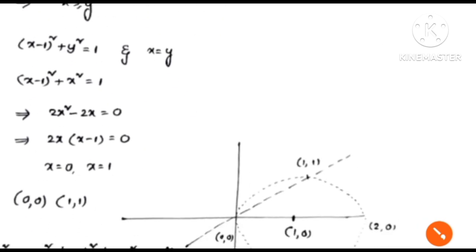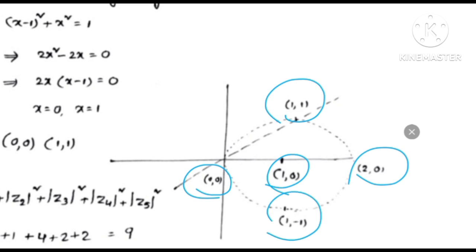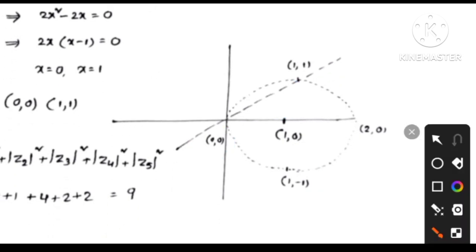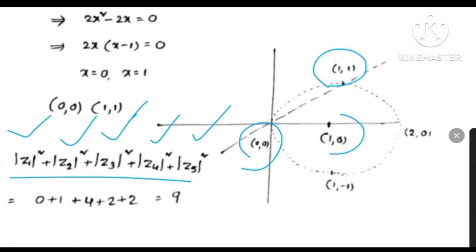That is, you have the 5 z values, z1, z2, z3, z4, z5. We have to find mod z1 square plus mod z2 square plus mod z3 square plus mod z4 square plus mod z5 square. For z1 to z5, you have to take these 5 points.